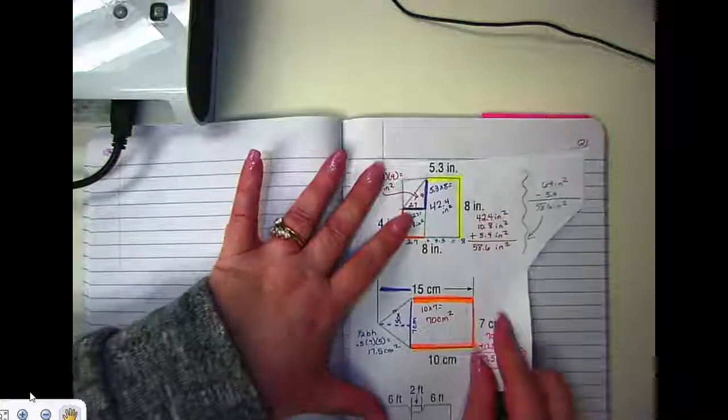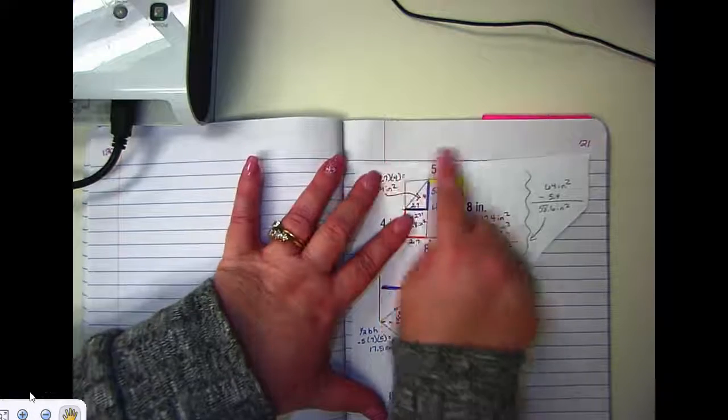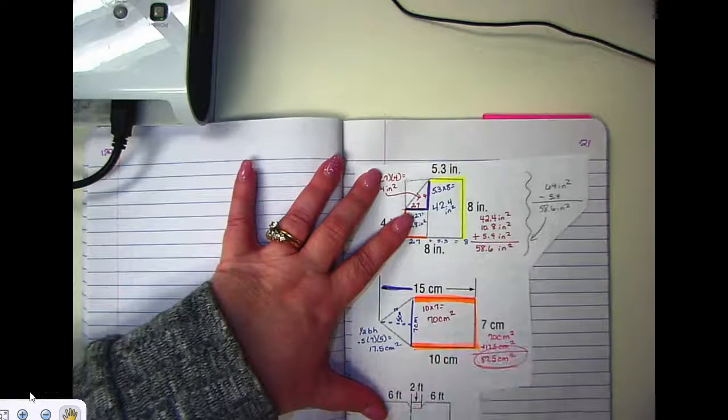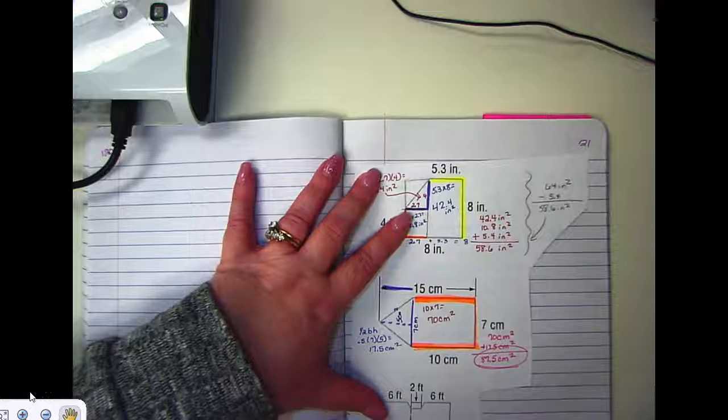Turn the page, you've got 120 and 121. We're going to glue this on here, and then up at the top we're going to write area of composite figures.